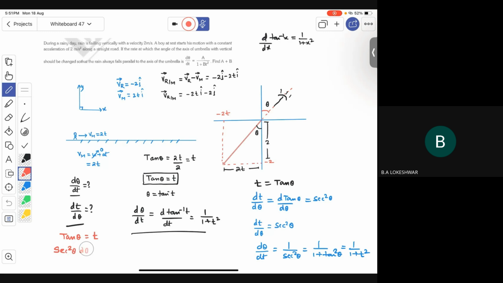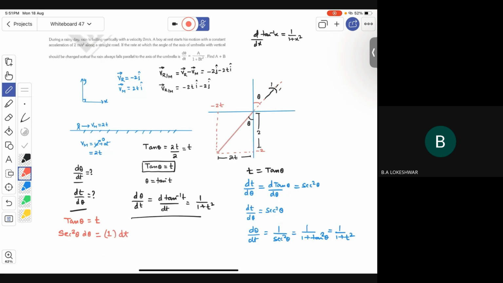The method is like that: if I differentiate something with respect to x, we multiply it with dx. Here I'm differentiating with respect to theta, so we multiply it with d theta. t is a function of t, differentiate it with respect to t, we get 1. We multiply by dt. So what we get is d theta by dt is equal to, dividing both sides with dt, 1 by secant square theta.